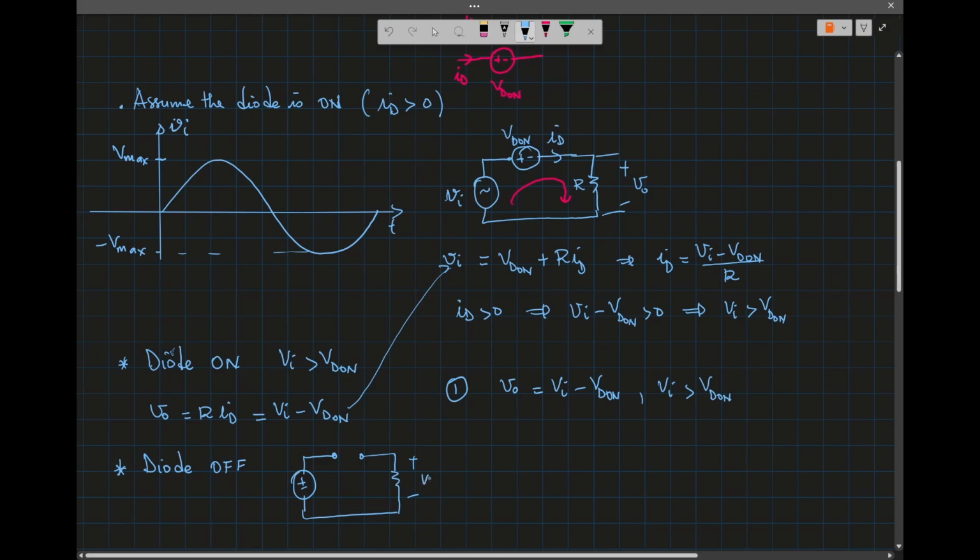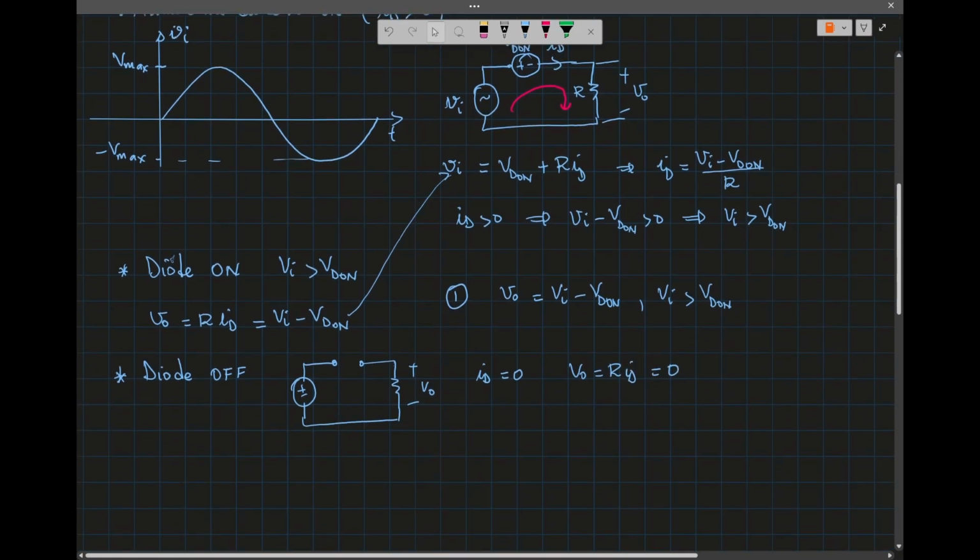So that's V0. So in this case, ID is equal to 0. So the voltage V0, which is R times ID, is equal to 0. So for case number 2, what do we have? We have V0 equal to 0 when VI is less than VD on.